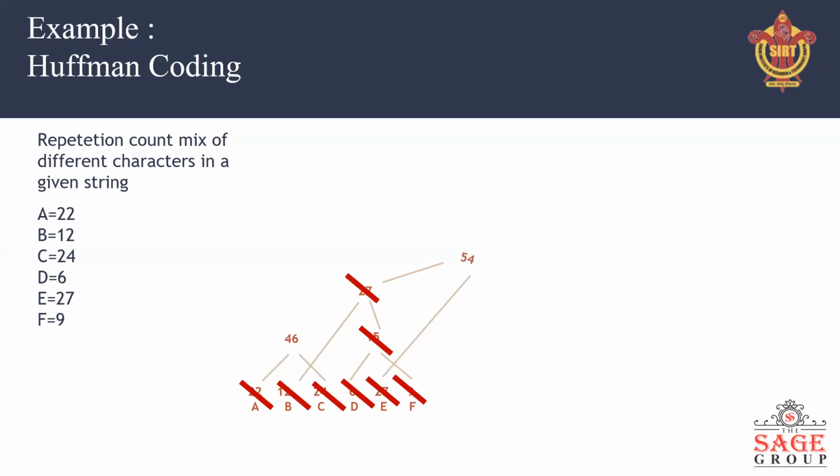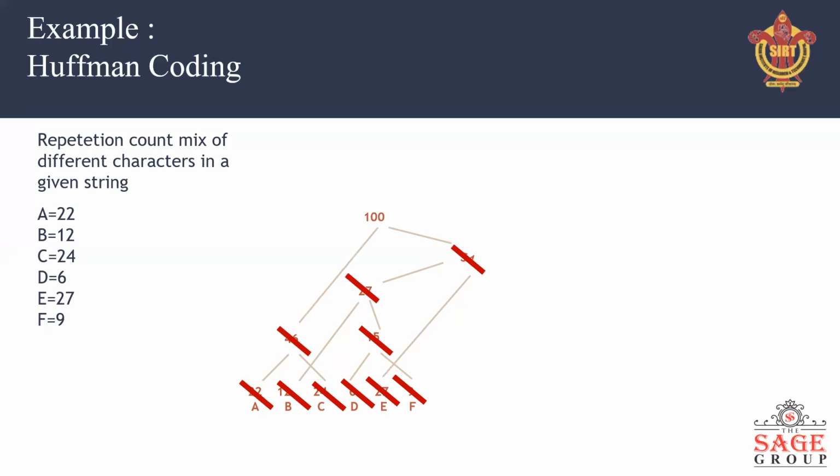Now we have only two values left, 46 and 54. Finally we will add them and get a total of 100, and then cross both 46 and 54 also. This way we can create the Huffman tree.